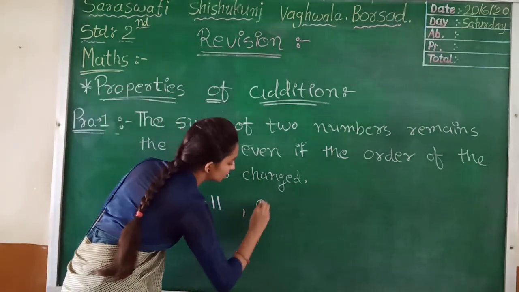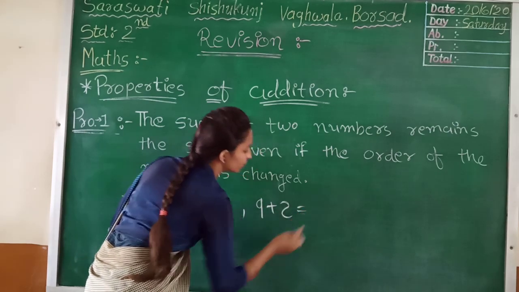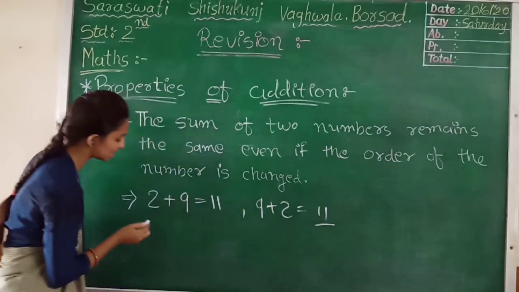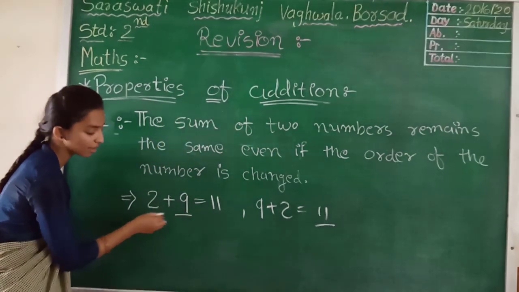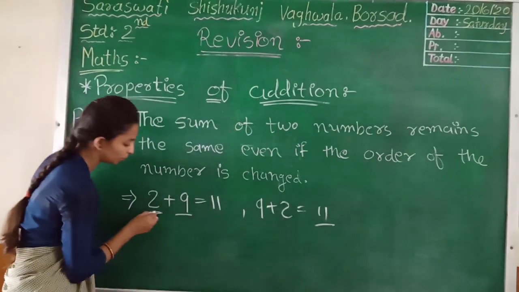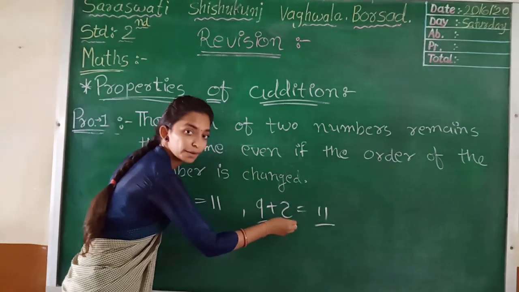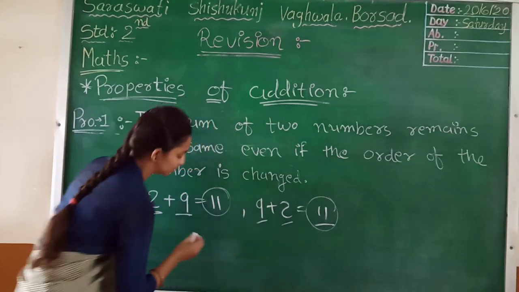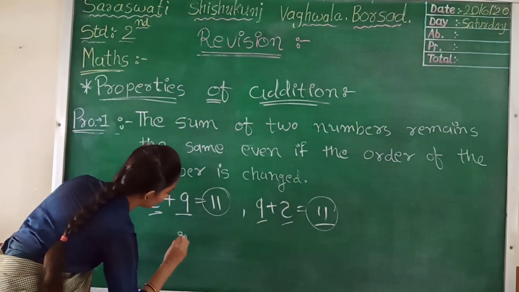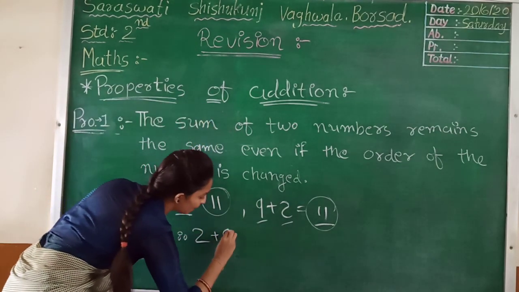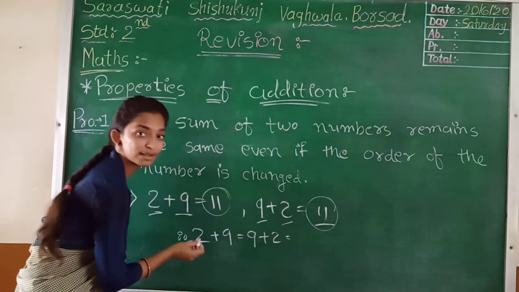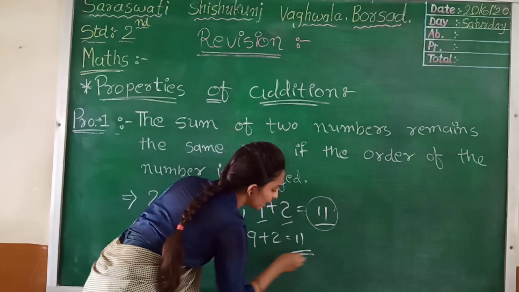And if I have 9 plus 2, which answer? 11. You can see if we change the order of the two numbers, 2 plus 9 or 9 plus 2, the answer will be the same, 11. That means 2 plus 9 or 9 plus 2, the answer will be the same, 11.